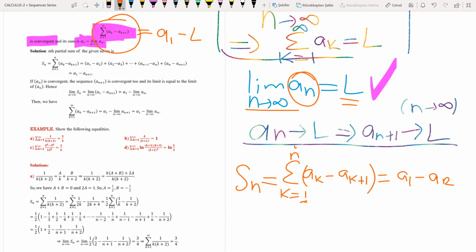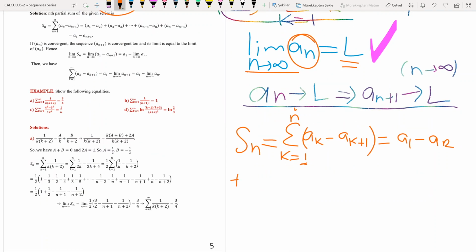For the second term, for k equal to 2, we have a2 minus a3. For k equal to 3, we have a3 minus a4, and so on.